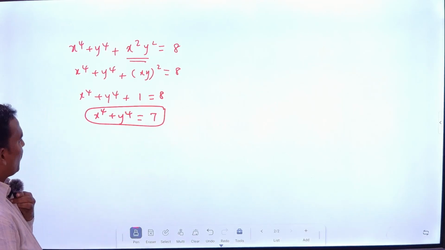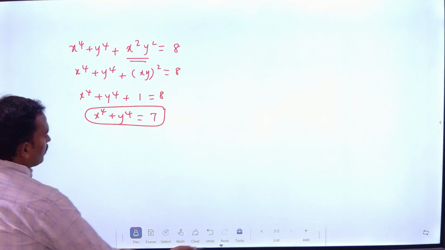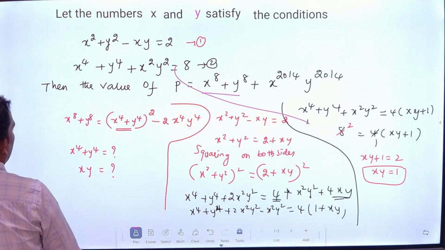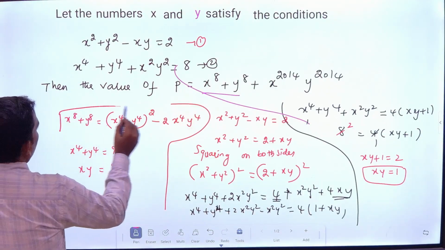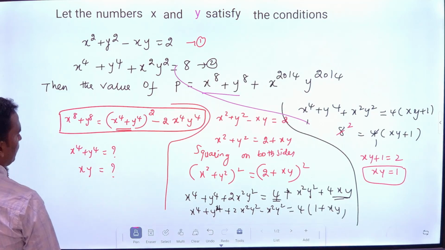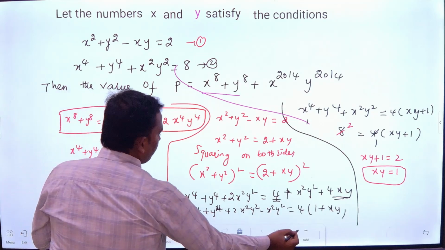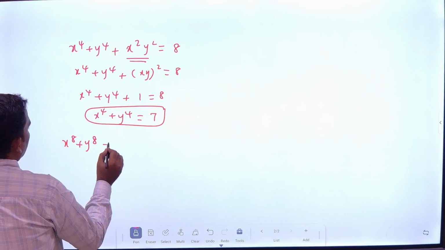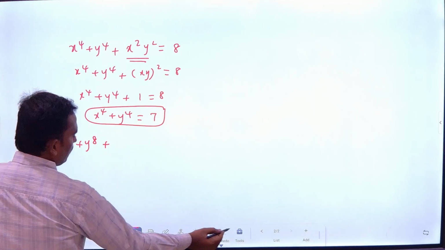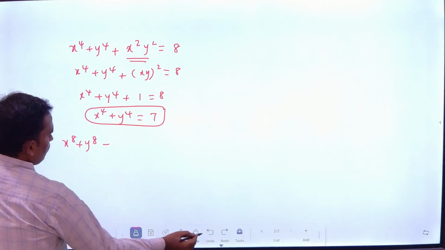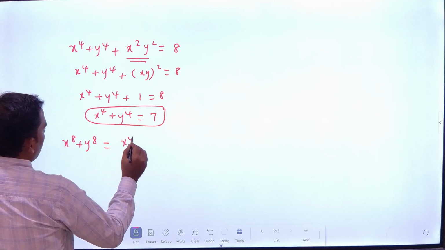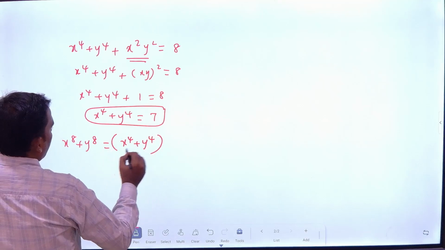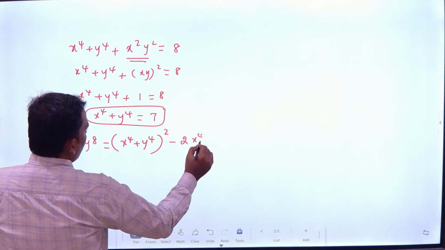Okay. Now we need to find out x power 8 plus y power 8. We need to use this identity, right? Let's do this here. x power 8 plus y power 8 is equal to x power 4 plus y power 4 whole square minus 2 x power 4 y power 4.